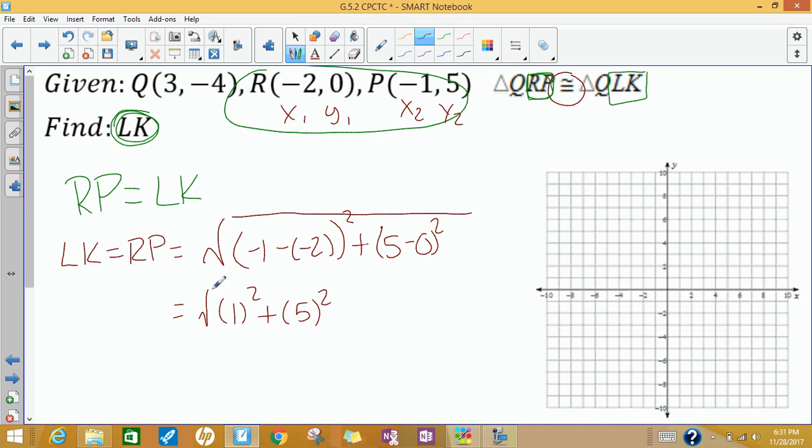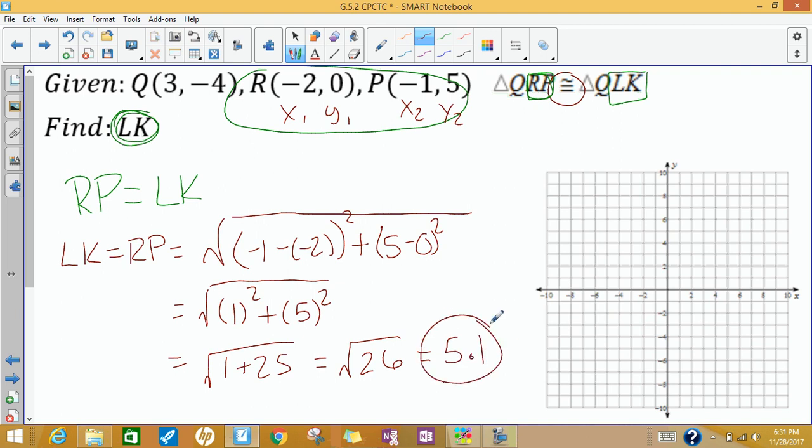I have to square that as well. 1 squared is 1. 5 squared is 25. And so I find out that the length of RP, which is the same as the length of LK, is the square root of 26, which if you put in your calculator, you get approximately 5.1.